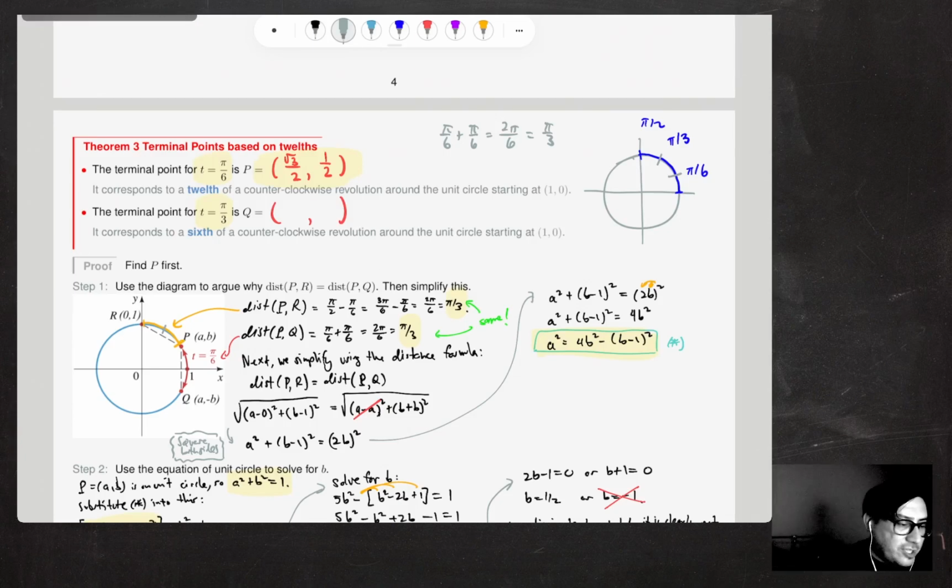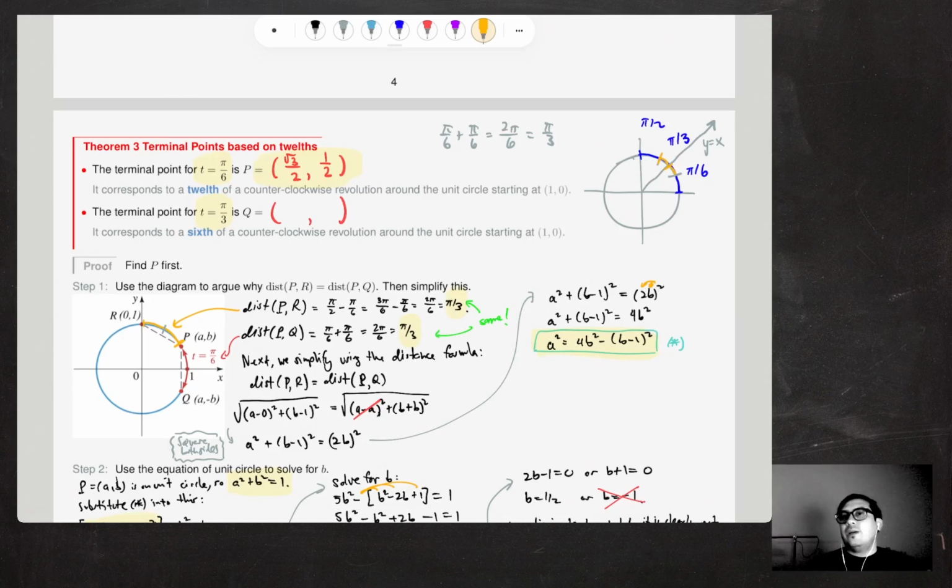Here's the final magic trick in this section. And I didn't draw pi over 4 just because I'm trying to keep the picture clean. But if you remember the line y equals x, pi over 4 is actually on that line. And because of the symmetry of how I did everything, because I'm taking pi over 2 and cutting it into thirds, the distance from here to here is going to be the same as the distance from the line y equals x to pi over 6.